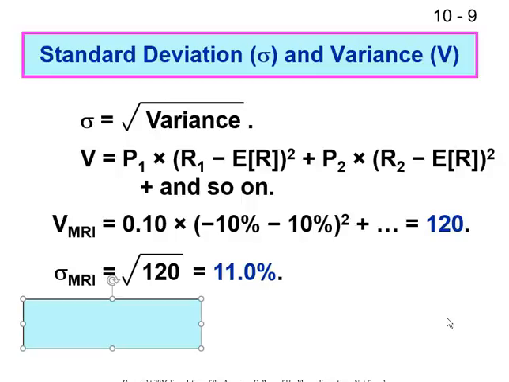All right, so we've got our variance, which is that 120. All you need to do now is hit the square root button, and that'll give you your standard deviation, or your sigma, on the MRI facility, which is going to come out to be about 10.9, or we'll just round that to 11%.